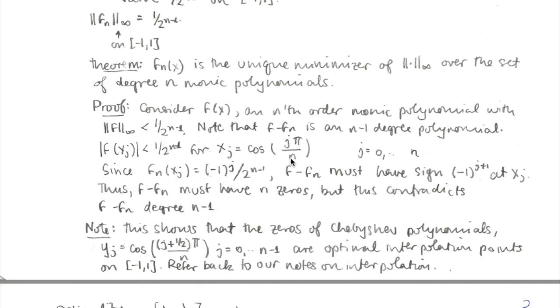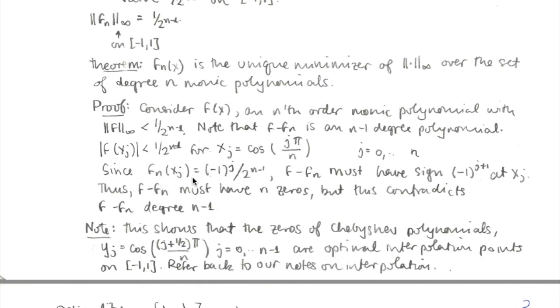Specifically, I'm going to look at the value of f at these particular points. These are where the Chebyshev polynomial attains its maximum absolute value, alternating in sign.